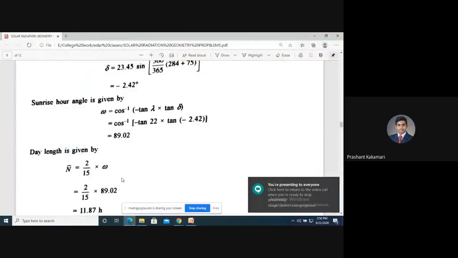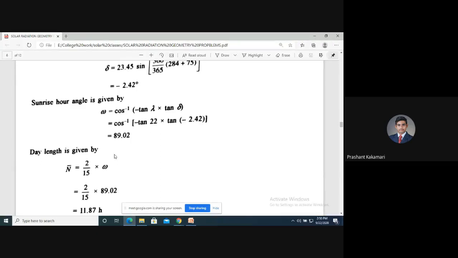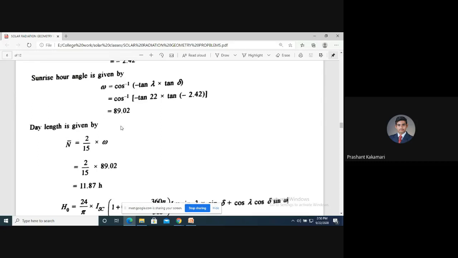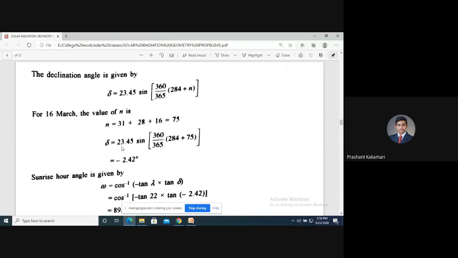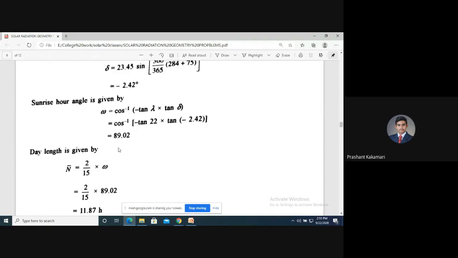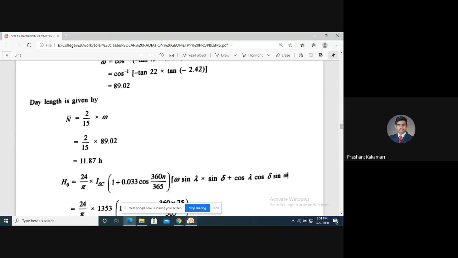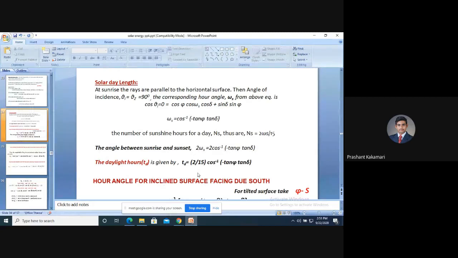So now come back to the problem. Sunrise hour angle, have you noted down? Yes, sir. So now the sunrise hour angle omega is known, and we know the declination angle, so one can find out the day length. The day length equation is known to us from our theory discussions. That is 2 by 15 cos inverse of tan phi tan delta.